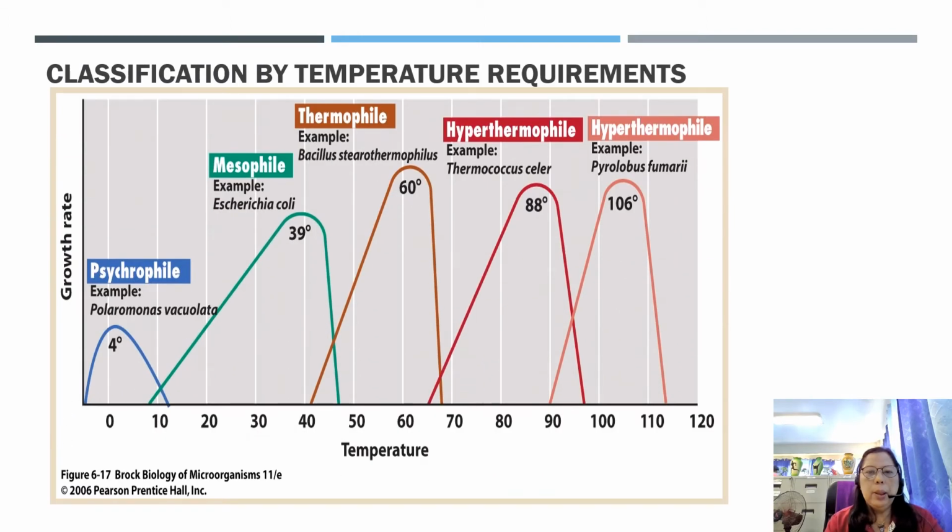There are different classifications of microorganisms according to temperature requirement. So, the microorganisms that survive at low temperature, that is 4 degrees centigrade, are called the psychrophiles. Although there are still some other microorganisms that could even survive lower than 0 degrees centigrade.